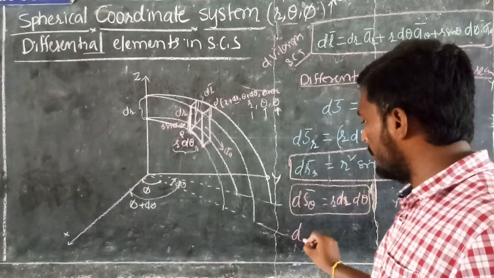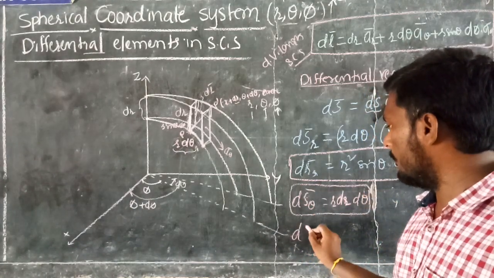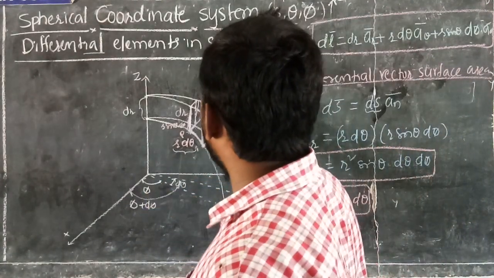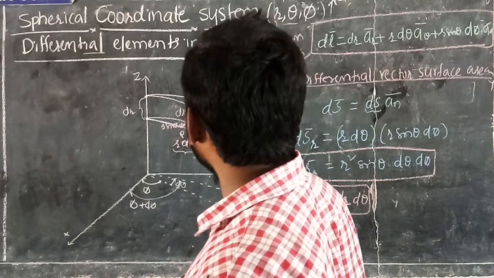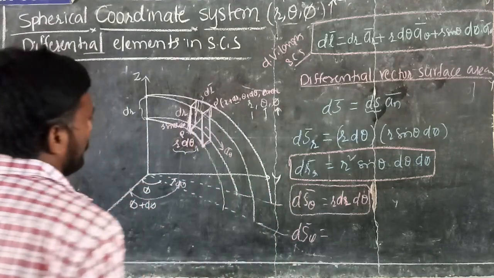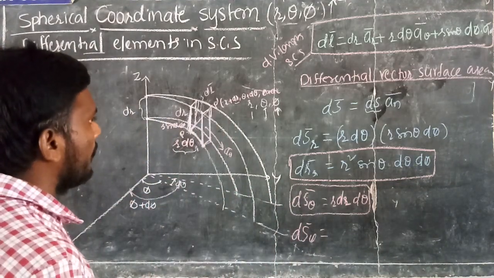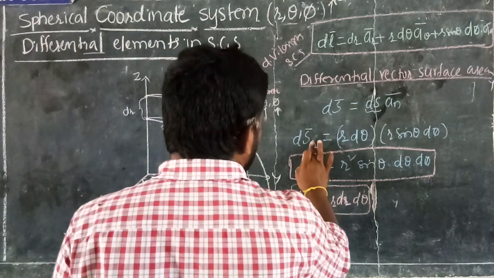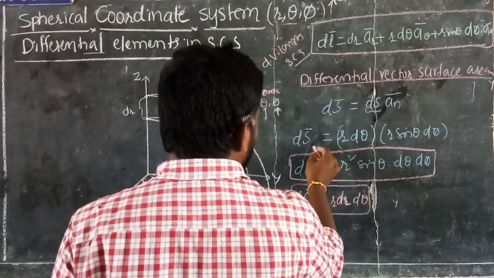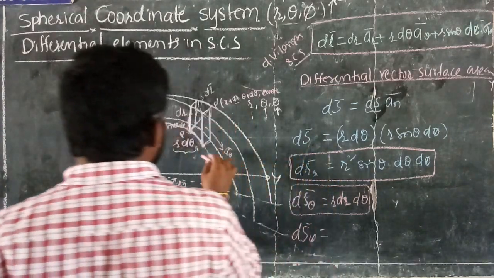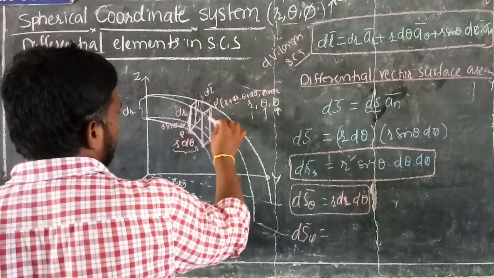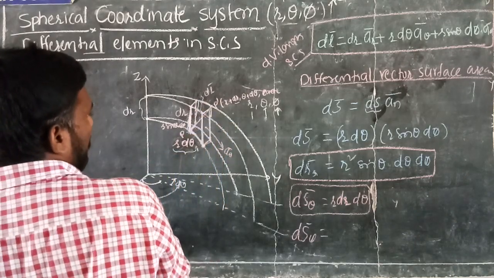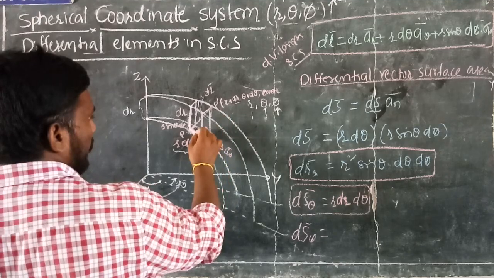Next, the differential surface area which is in the direction of phi, that is ds_phi bar. This is the differential surface area in the phi direction. Why? Because the front and back surfaces are the surfaces which are perpendicular to the a_phi direction.